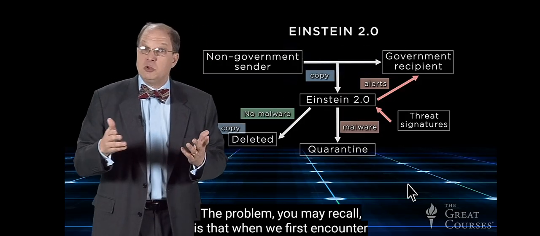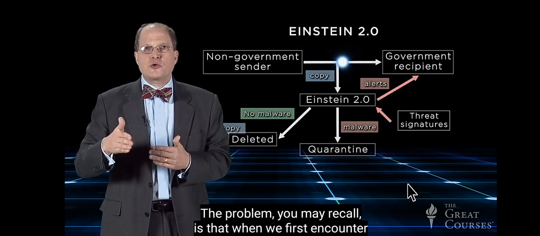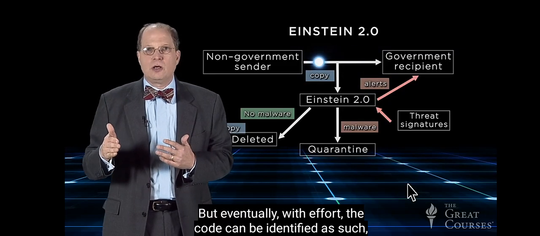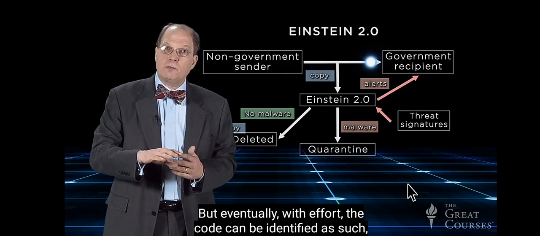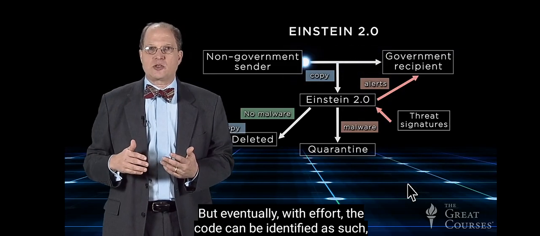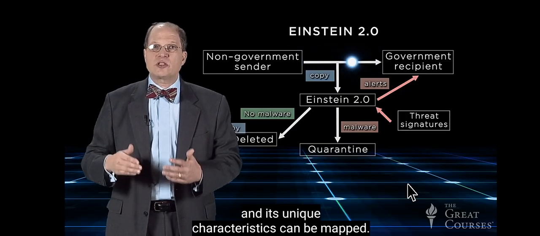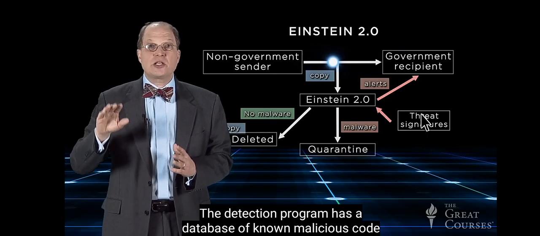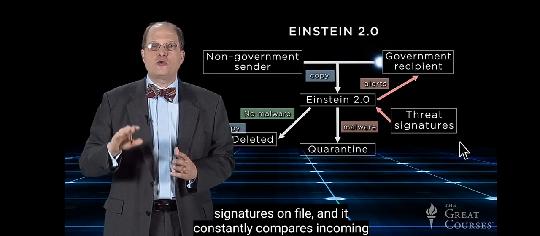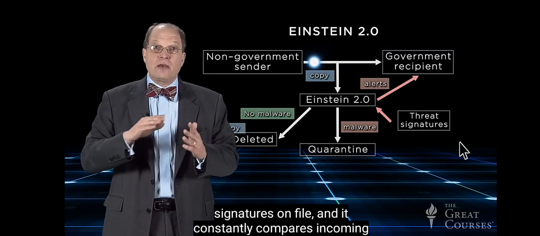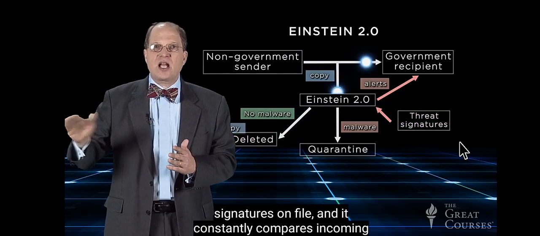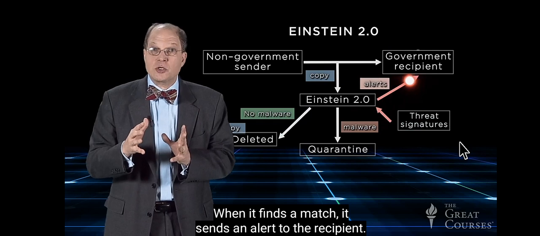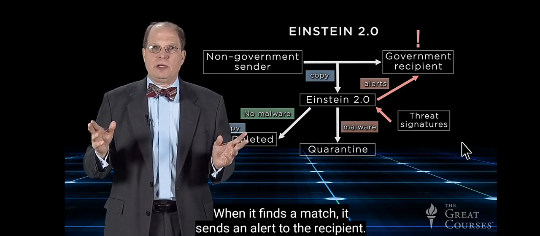The problem, you may recall, is that when we first encounter malicious code, we can't tell that it's malicious. But eventually, with effort, the code can be identified as such, and its unique characteristics can be mapped. The detection program has a database of known malicious code signatures on file, and constantly compares incoming messages with malicious signatures. When it finds a match, it sends an alert to the recipient.